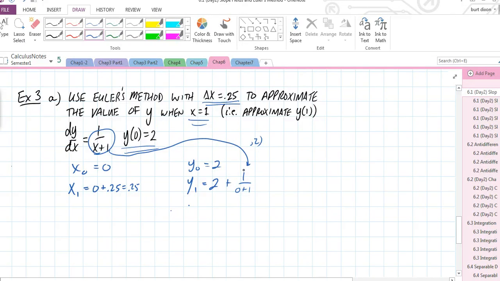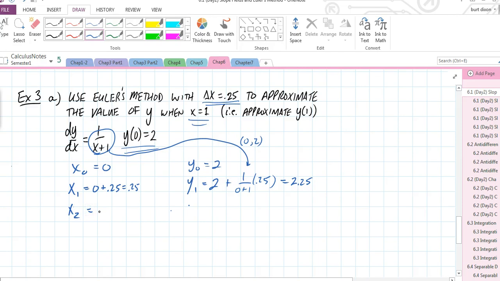So I'm evaluating the slope at the point 0, 2, and that is 1 over 0 plus 1, which is 1, and then multiplying times the change in x, which is 0.25. Okay, so that gives us our new y value of 2.25.